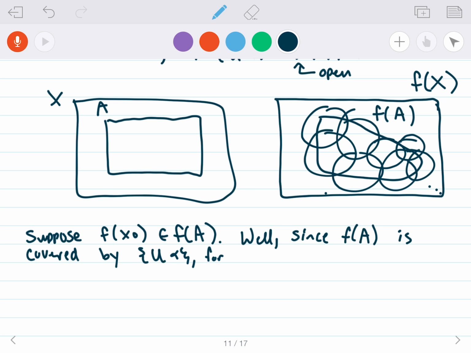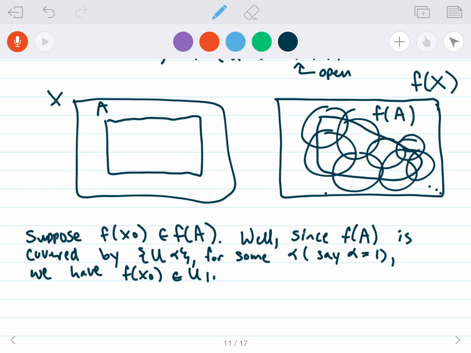So for some alpha, and here we'll say alpha equals 1, just to make it a little bit simpler, we have that F of x naught is in U1.